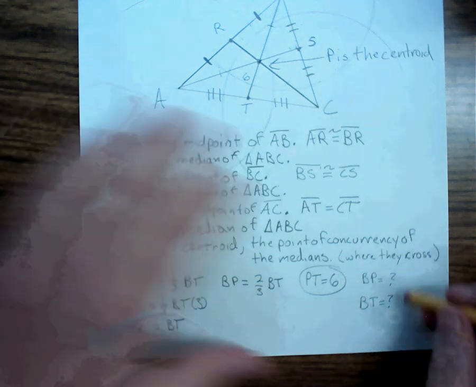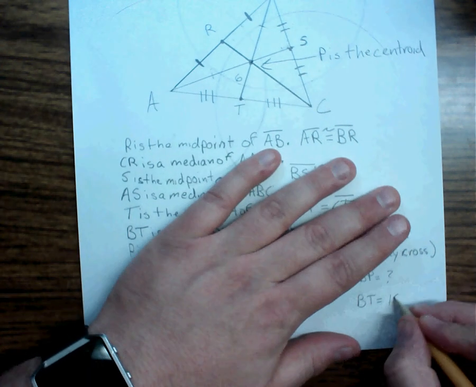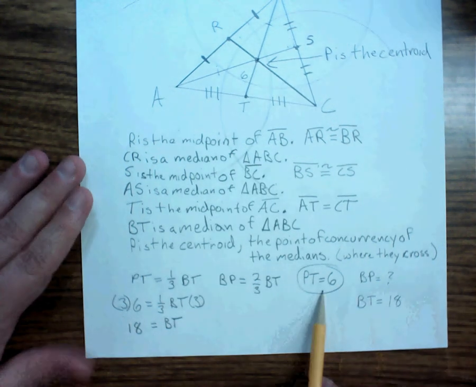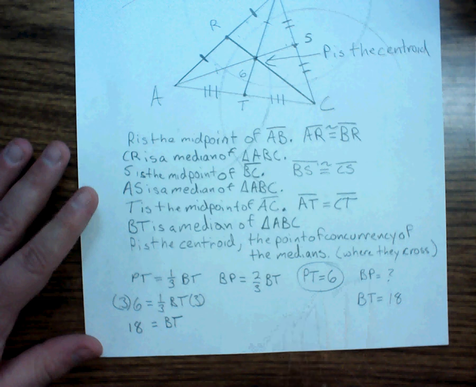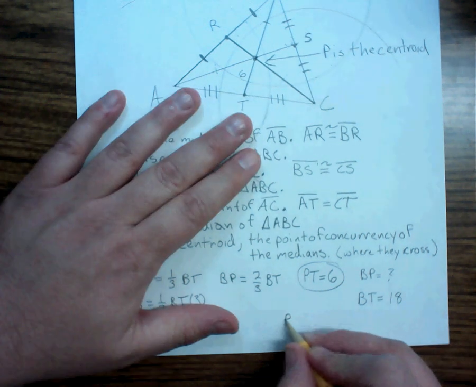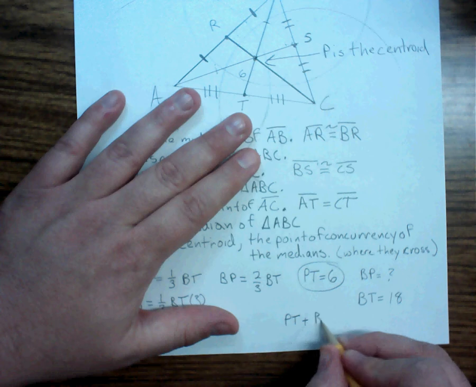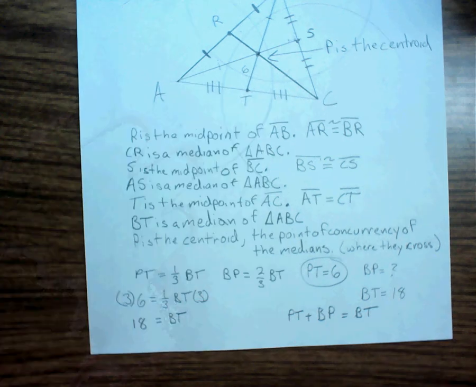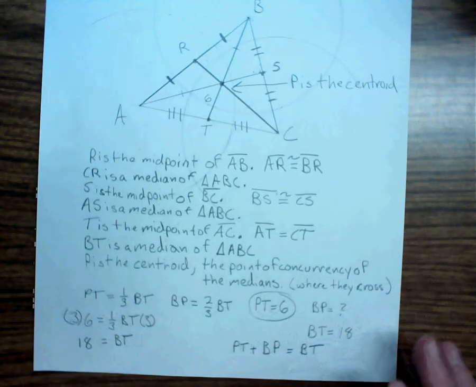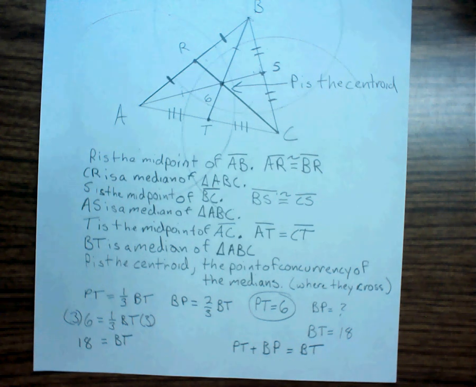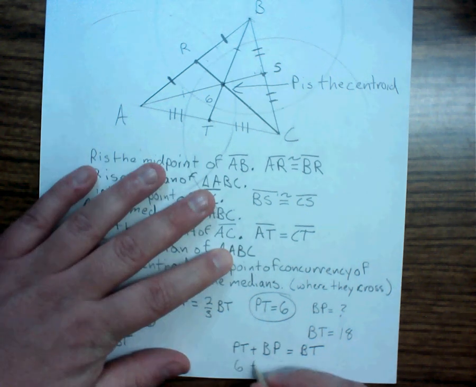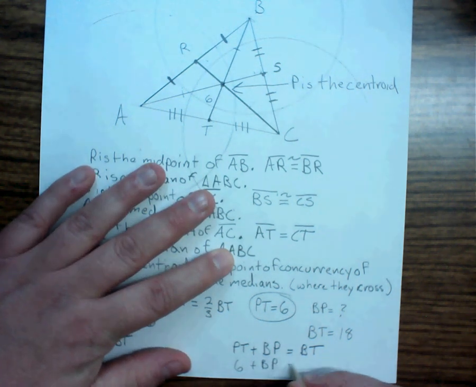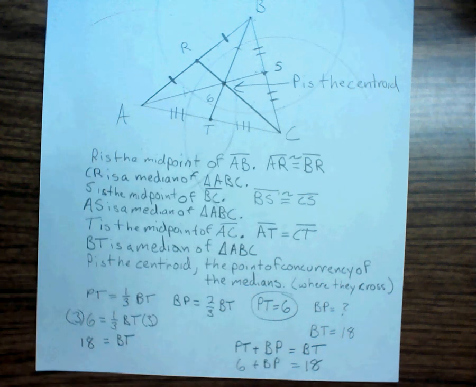So we know that BT is 18, and we know that PT is 6. I know that PT plus BP equals BT, correct? Look at your triangle. I know that this is 6. I know that this is 18. What does the length of BP have to be?